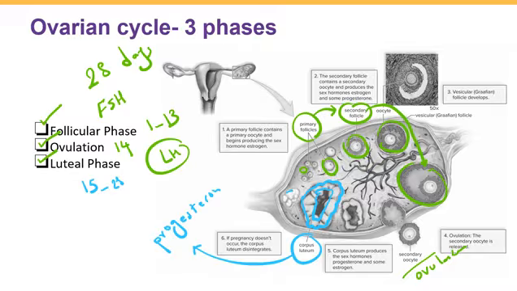Let me show it with another color. So here we have the corpus albicans, which is a white structure, like scar tissue. The corpus albicans is non-functional. It doesn't produce hormones.